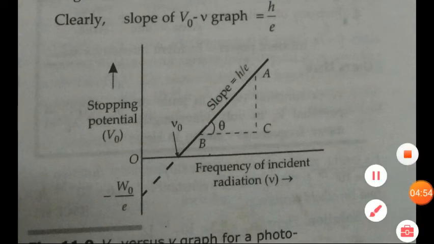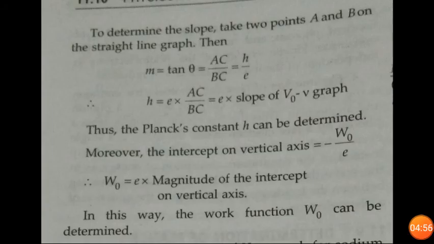To determine the slope, we take two points A and B on the straight line graph. Then we know that slope equals tan theta. We have already discussed this when we were discussing the graphs between time and distance, and time and velocity: whenever there is a slope, it is represented by tan theta.